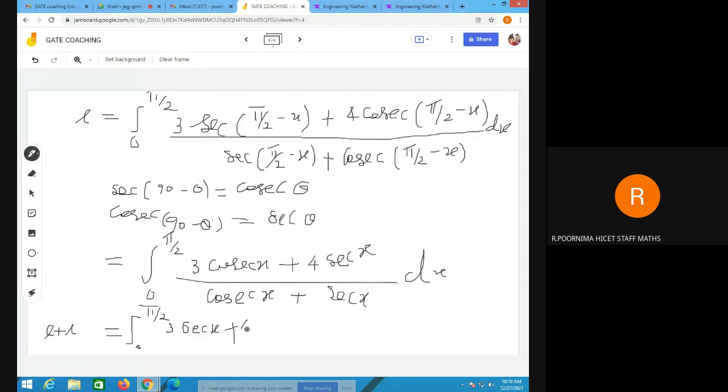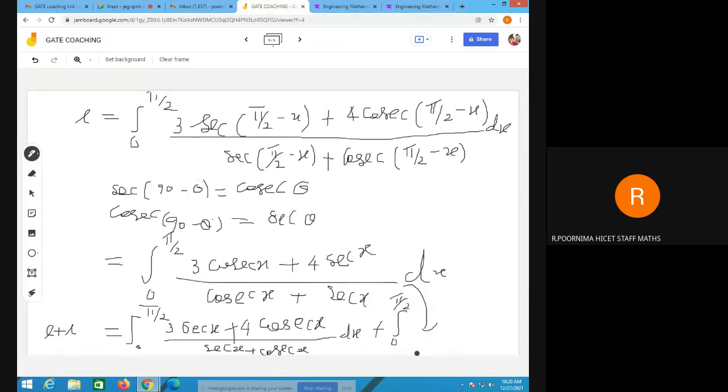Three secant x plus 4 cosecant x divided by secant x plus cosecant x, into dx, plus we are adding the next L, integral 0 to pi by 2 of 3 cosecant x plus 4 secant x divided by cosecant x plus secant x, which can also be written as secant x plus cosecant x.